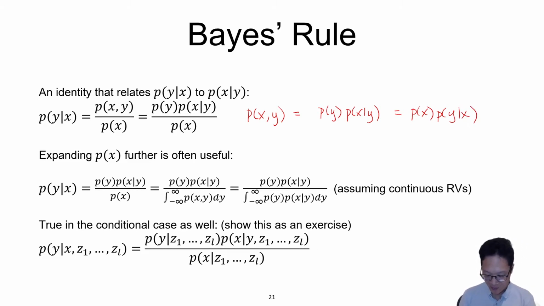So now if you write it both ways, you can decide to divide by P of x and put that in the denominator, or you can decide to put P of y in the denominator of the other side. Okay, so that's how I like to remember Bayes' rule.